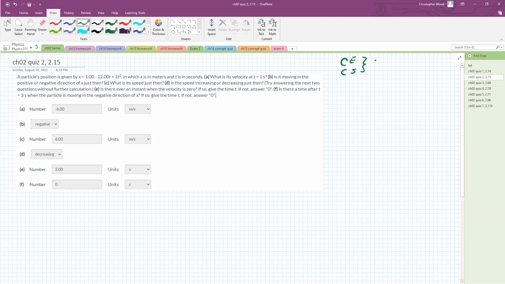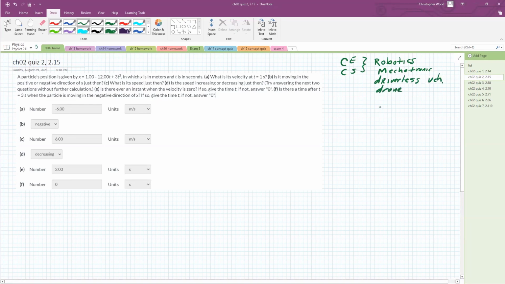For example, what kind of technology that you program interfaces with the physical world? Robotics, mechatronics in general, driverless vehicles, drones. The list goes on and on.